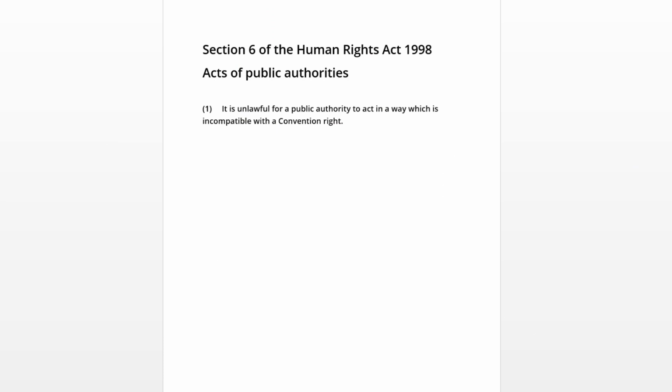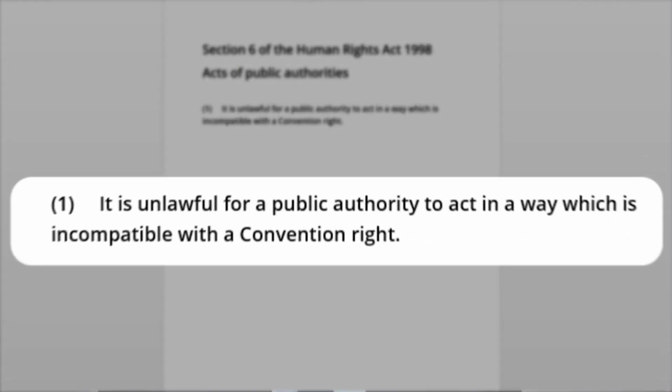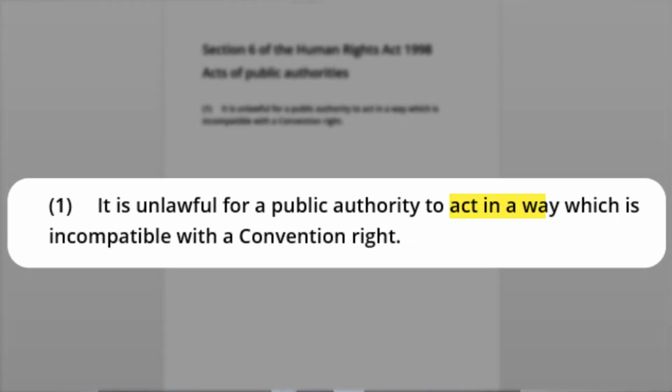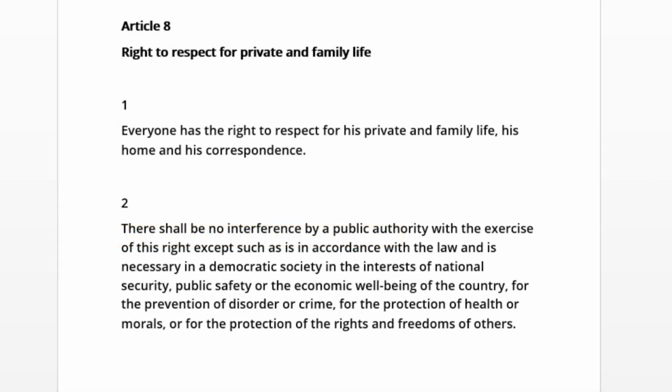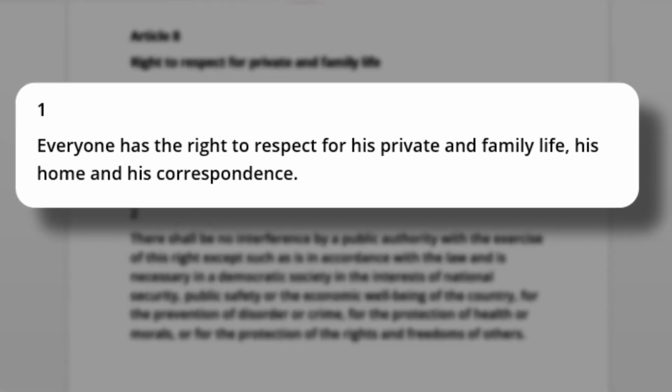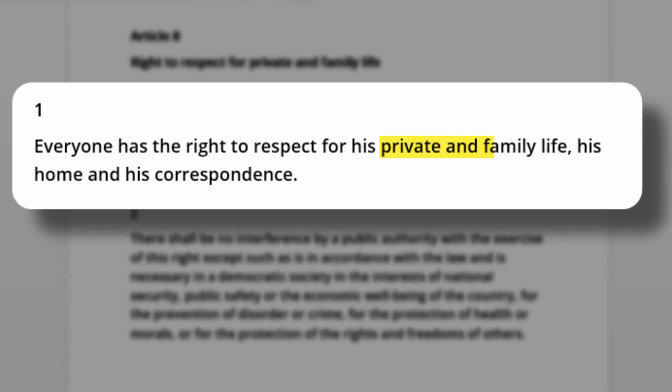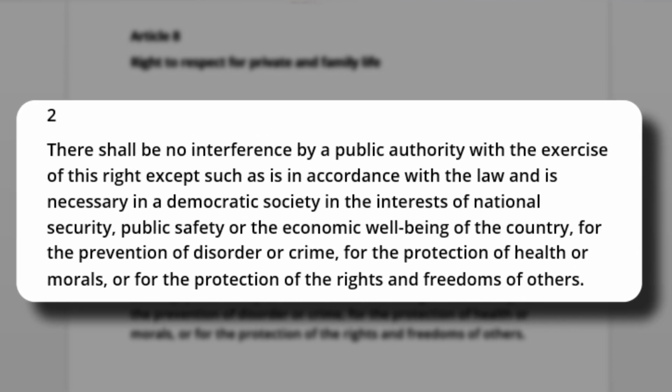But once we have a human rights claim, then Section 6 of the Human Rights Act 1998 says that it's unlawful for a public authority to act in a way which is incompatible with a convention right. And then Article 8 states that everyone has the right to respect for his private and family life, his home and correspondence. And crucially, there shall be no interference by a public authority with the exercise of this right, except as in accordance with the law.